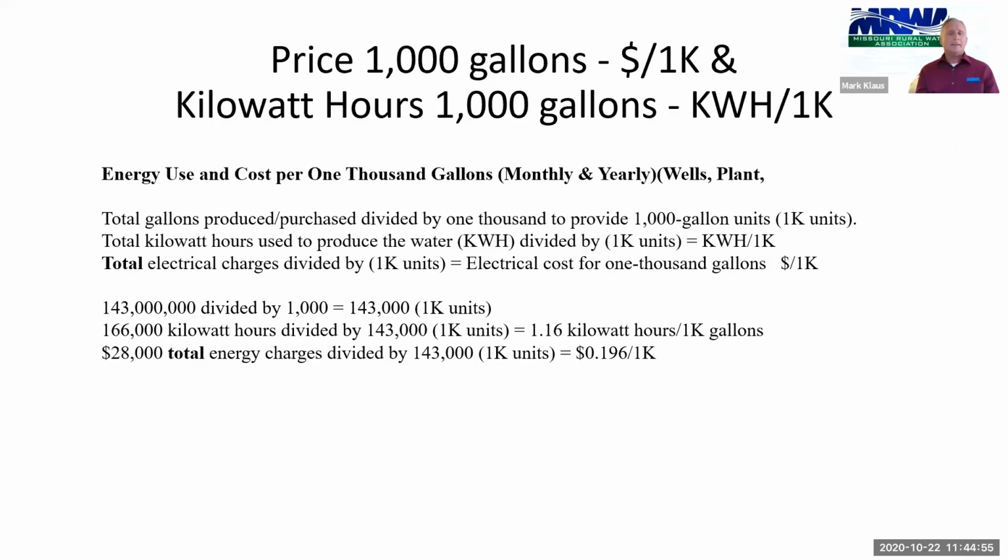Why do we want this? Well, it's real simple. We sell by the 1,000 gallons, correct? We also need to know how much it costs us to produce it, buy it, pump it, or treat it. We need to know those numbers, so going forward, as we bill, we can say it's costing us this much and we're only charging this.